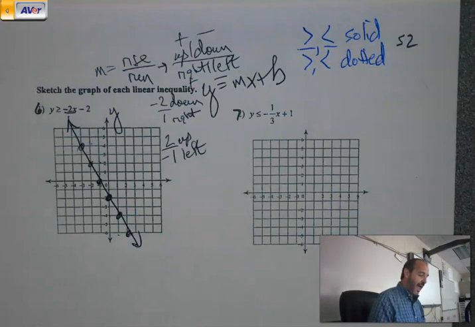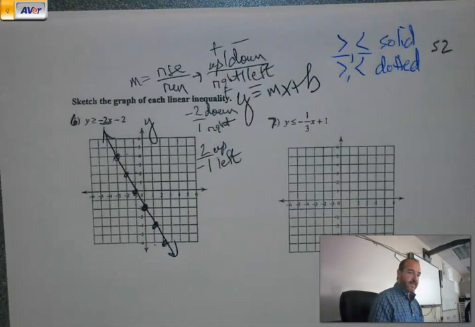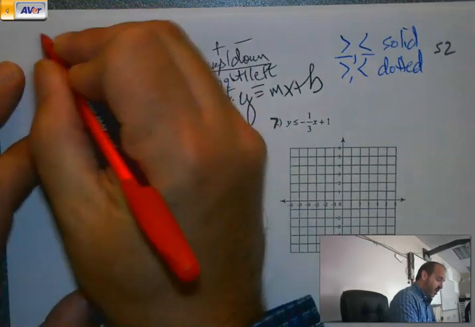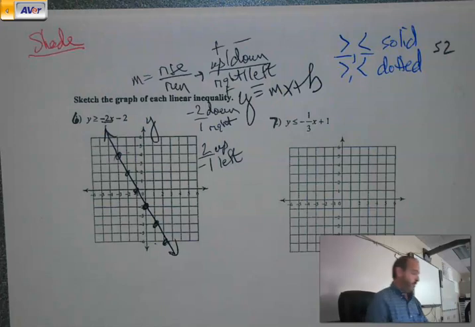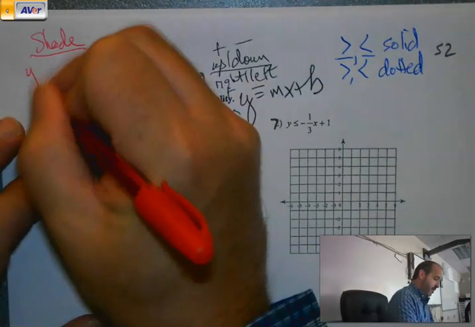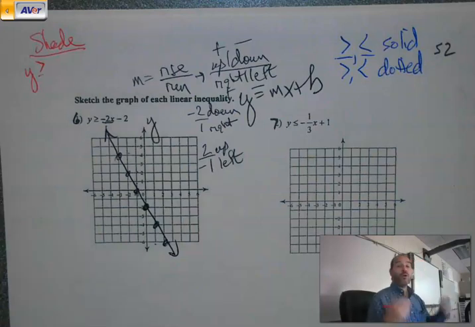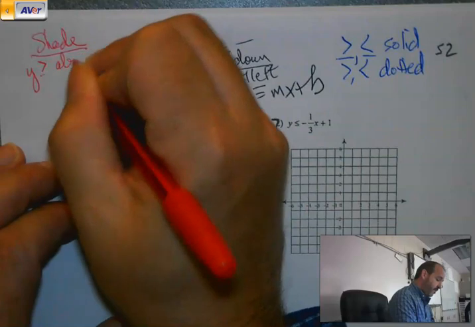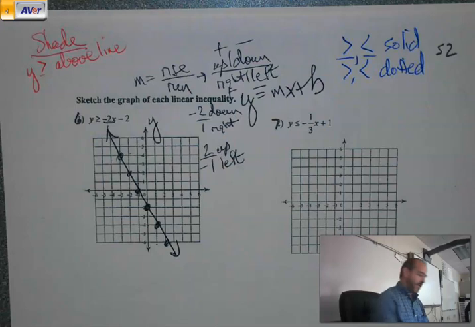You're like, okay, so how does that work? Because Hardy, I'm running out of room on the top of my page here to write all these little side notes you're giving me. So shading. If you're visual, okay, if it's greater than or equal to, you're going to shade above the line. We'll talk about what that means here in a second.